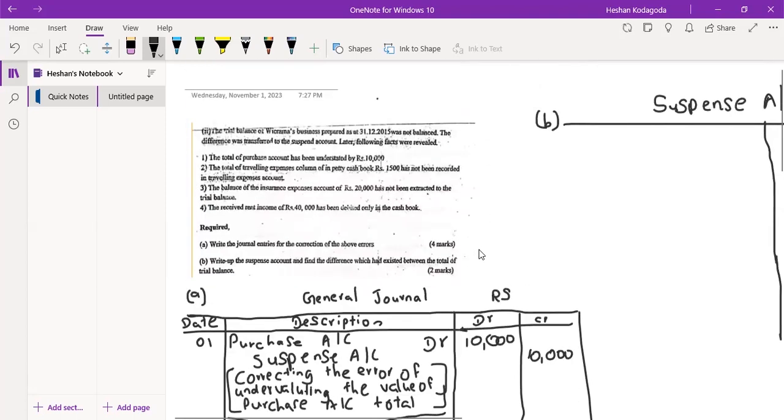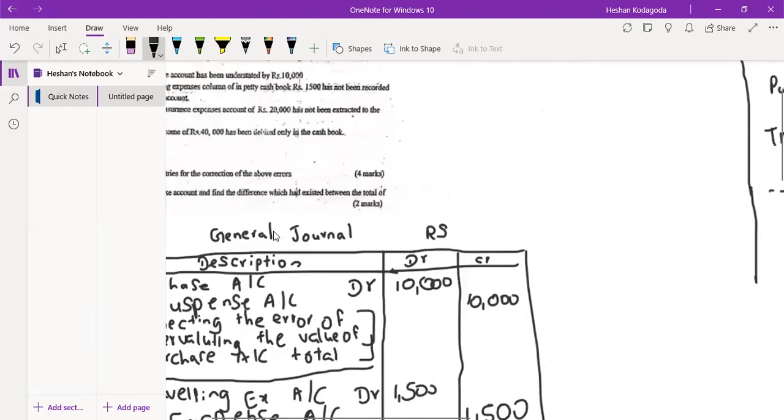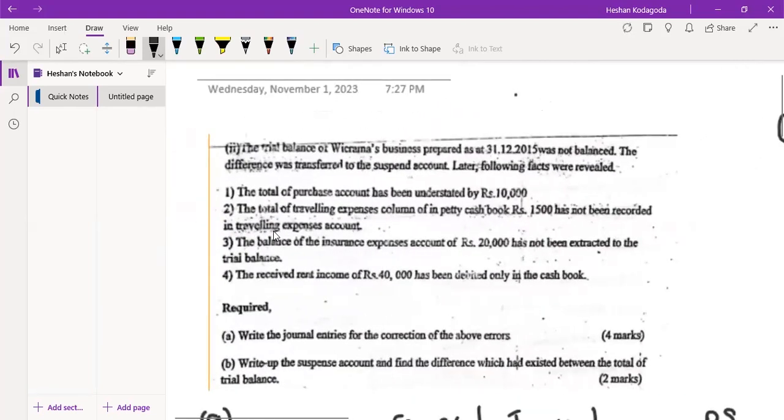Number 4. The received rent income of rupees 40,000 has been debited only in the cash book. Think, what is the double entry when we receive rent income? Cash book debit 40,000, rent income should credit 40,000, right?